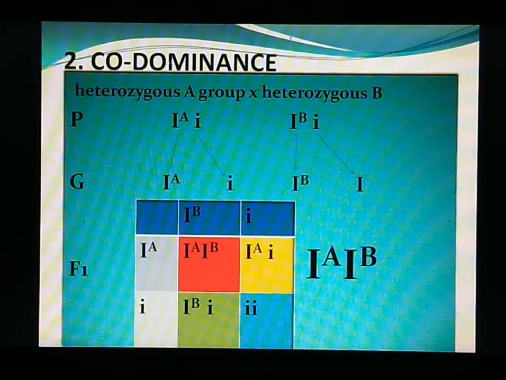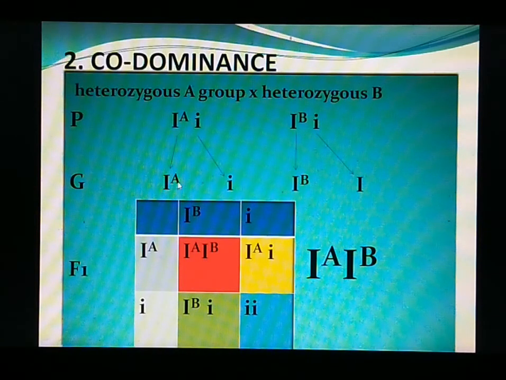Say, for example, a person having A blood group, heterozygous, is crossed with a person having B blood group, also heterozygous. So we write down the parents as capital IA, small i, since it is heterozygous A blood group, crossed with capital IB, small i, heterozygous B blood group.